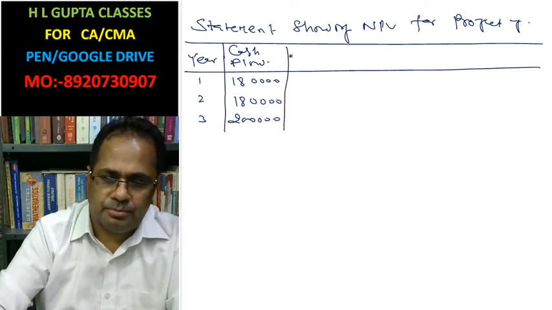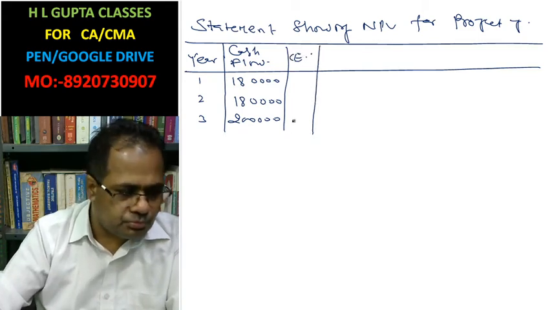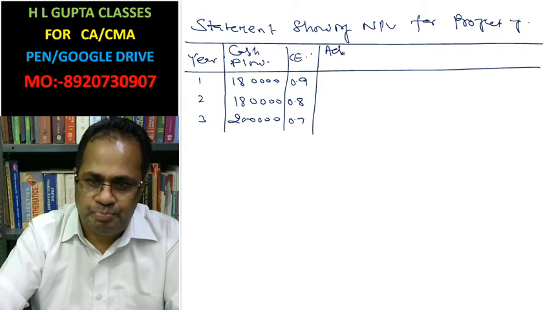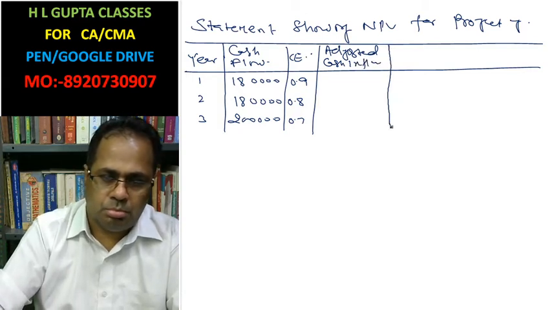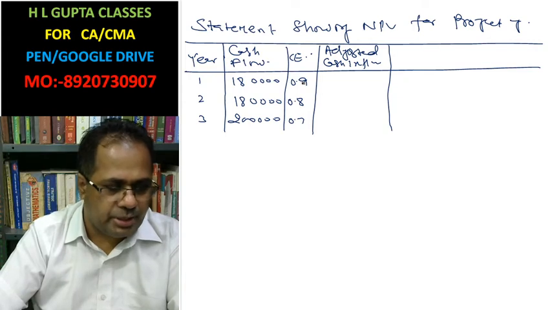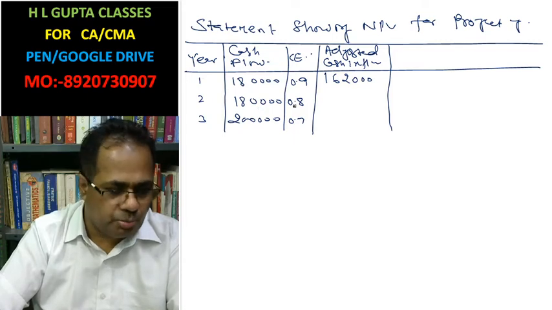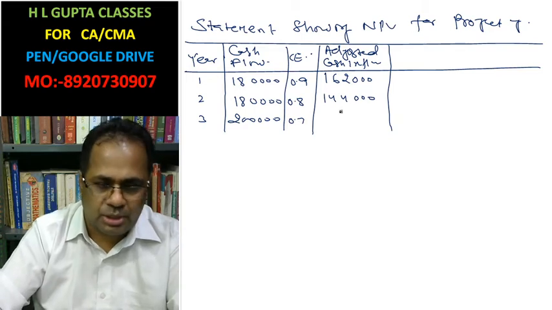Certainty equivalent factor here: 0.9, 0.8, 0.7. Adjusted cash flow: 1,80,000 multiplied by 0.9 is 1,62,000. 1,80,000 by 0.8 is 1,44,000. 2 lakh multiplied by this is 1,40,000.